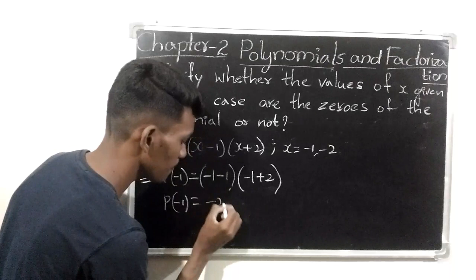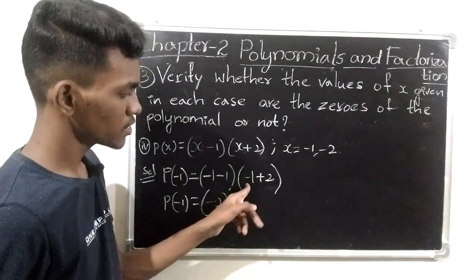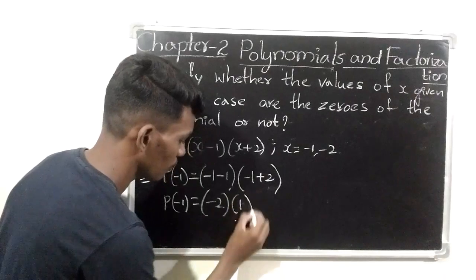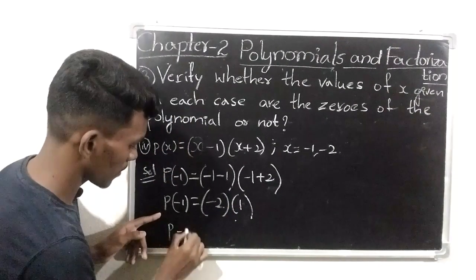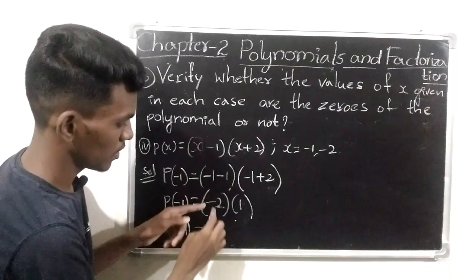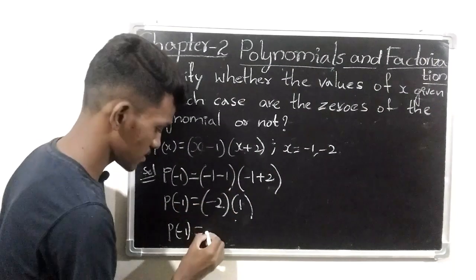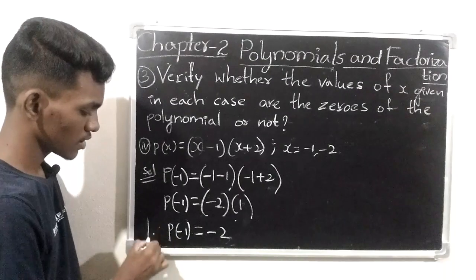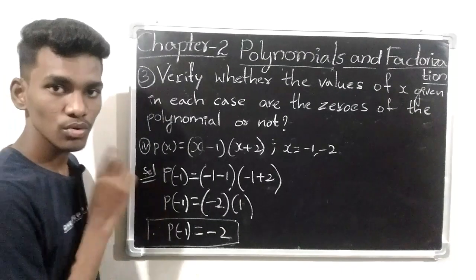So we have to write here minus 2. Minus 1 plus 2 is 1. So we have to write here 1. P of minus 1 equal to, plus into minus is minus, 2 ones are 2. So p of minus 1 equal to minus 2.